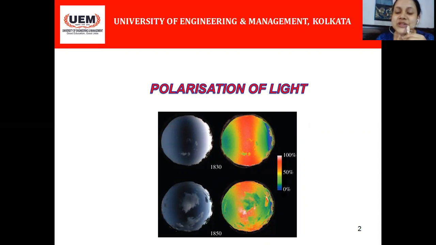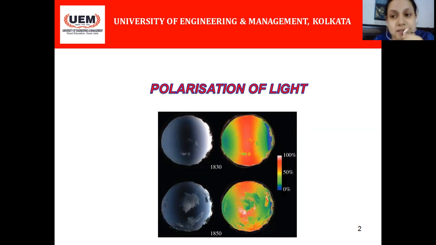And in order to capture these photographs, we have used a lens which can detect the effect of polarization of light. So these pictures are basically depiction of polarization of light in evening sky.